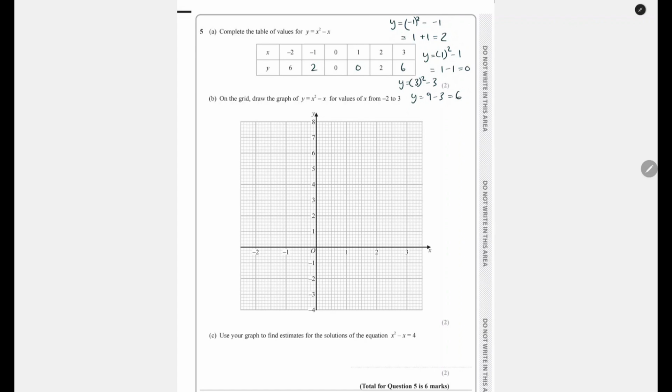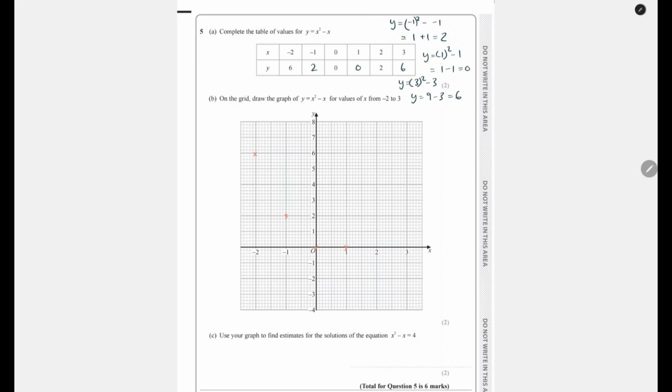Part B says, on the grid, draw the graph y equals x squared minus x for values of x from minus 2 to 3. So all we need to do is plot our graph. So we have x is equal to minus 2 and y equals 6. So our first point is there. X equals minus 1 and y equals 2. Then x and y are 0, 0. X equals 1, y equals 0.